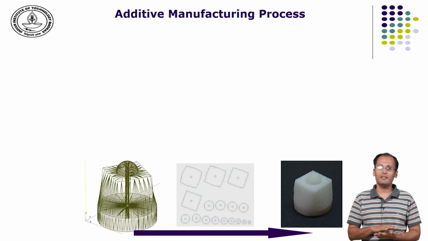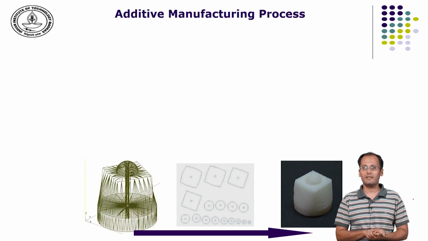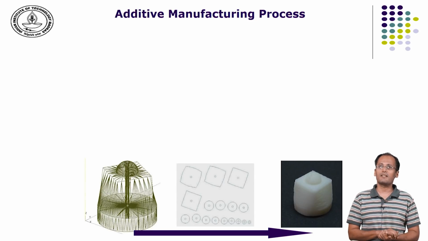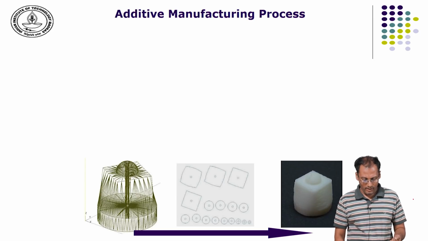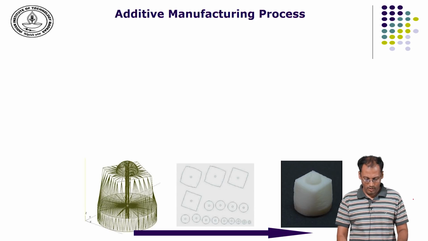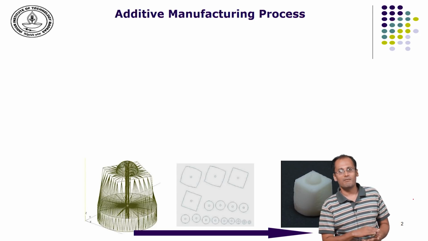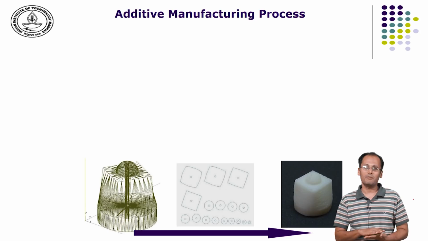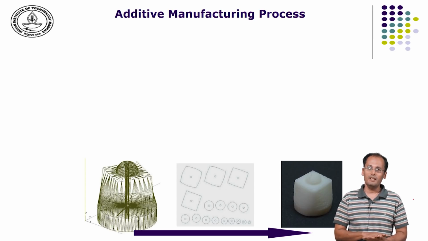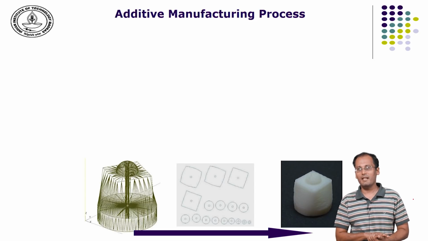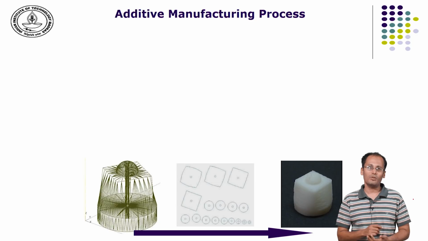The 3D parts which are modeled in a CAD environment are exported to a manufacturing environment, typically using a surface mesh, which is a triangulated file format which you see in this picture to your left, and this model is sliced because we are going to build parts layer by layer, either by adding material, or by sintering a bed of powder, or by selectively polymerizing a liquid photopolymeric resin from a vat.